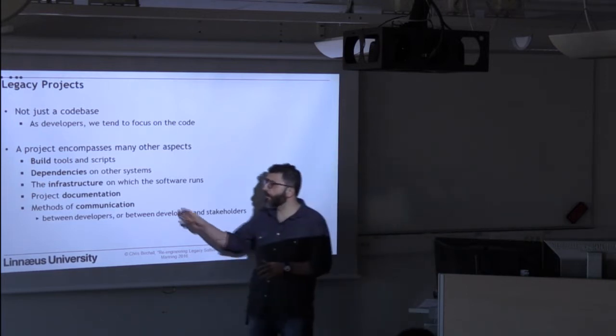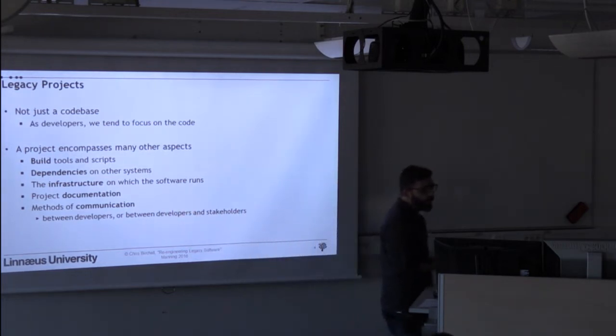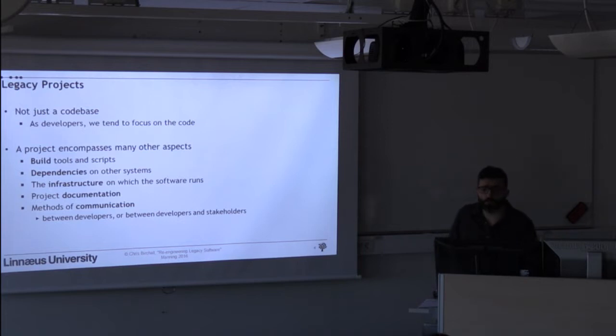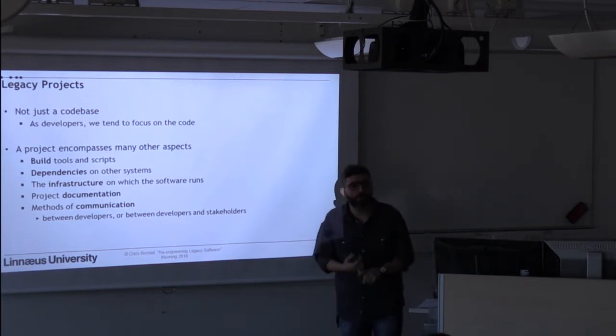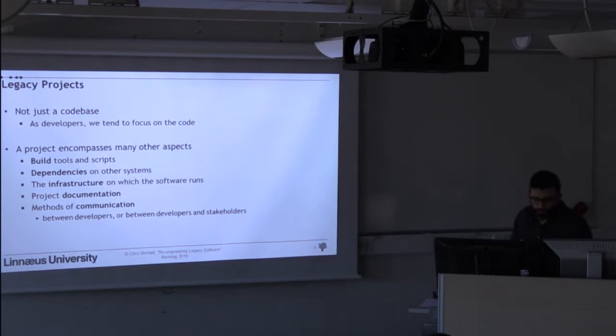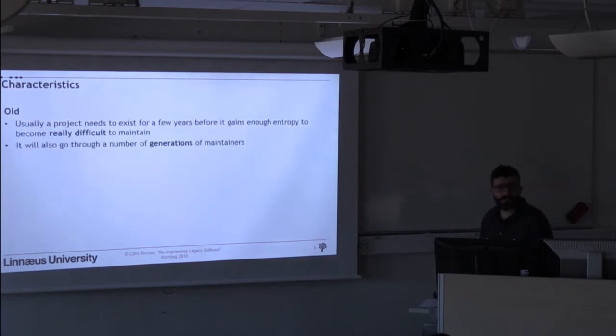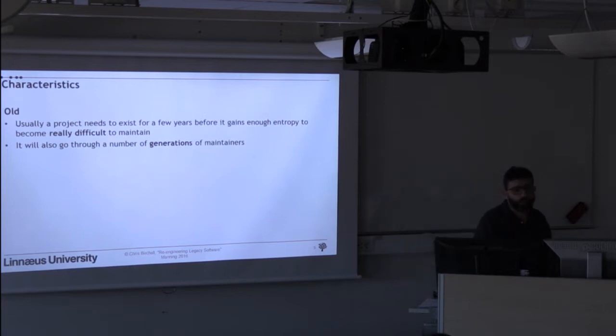And the different methods of communication that were used at the time the software was produced, between developers and the different stakeholders. We need the requirements, the tests, and so on and so forth. So what are the main characteristics of legacy systems? They are old, of course, because they were produced years ago.